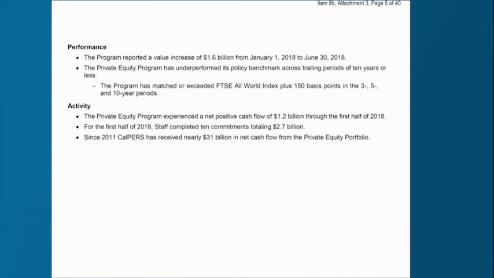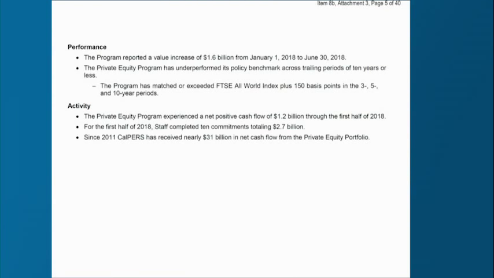And while the program has underperformed its policy benchmark, as was discussed earlier, it's been a very strong return, 6.1% for the year, and over longer terms, it's been quite strong as well. And we do note that when you look at the program against a pro forma of the new benchmark, which is the FTSE All World, it is meeting or exceeding those benchmarks on the 3, 5, and 10-year basis.